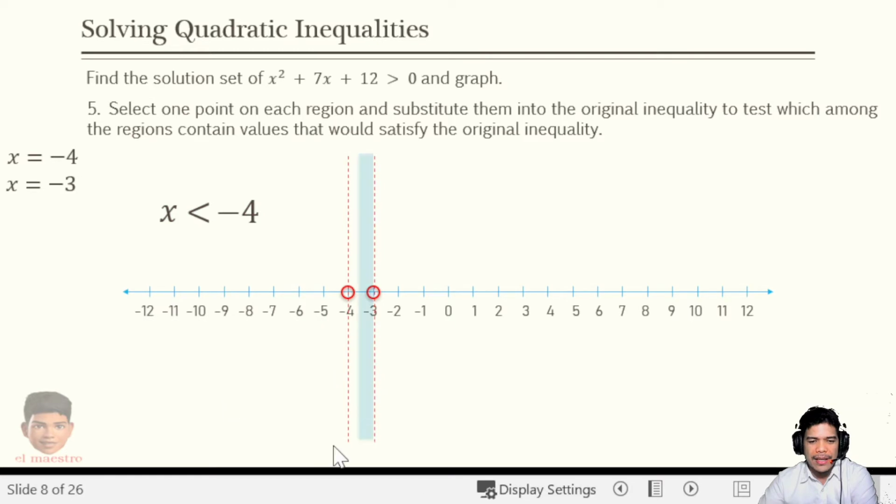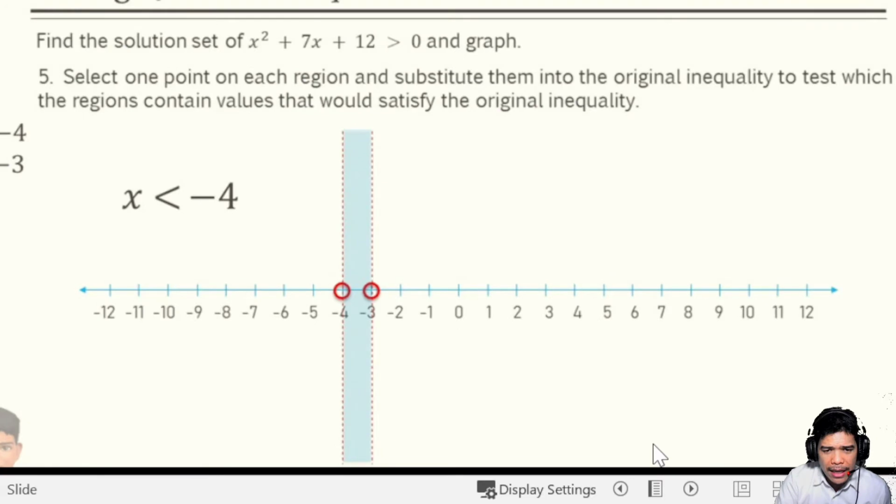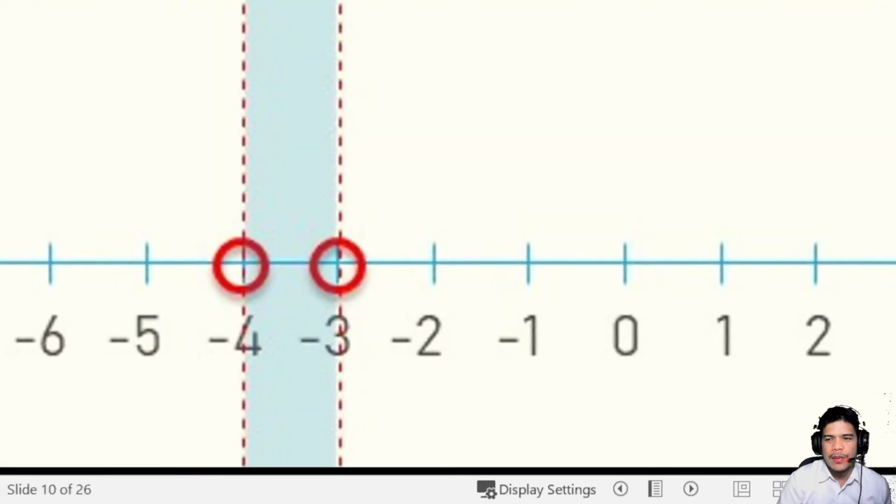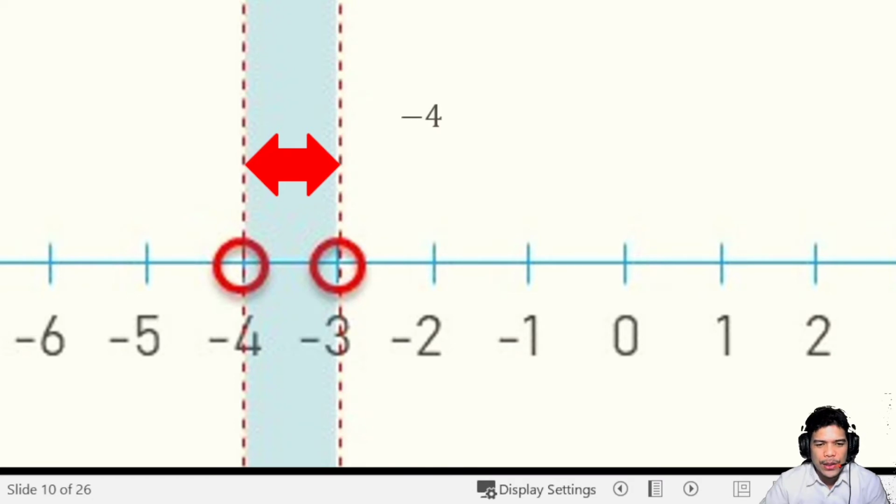Itong region naman to. Yung medyo maliit siya, i-zoom out lang natin. Yan. Then, let's check. From that point, that second region, lahat ng value ng x dyan, gagawin nyo ganito. Isusulat nyo lang yung negative 4, yung point, then less than x, then less than negative 3.